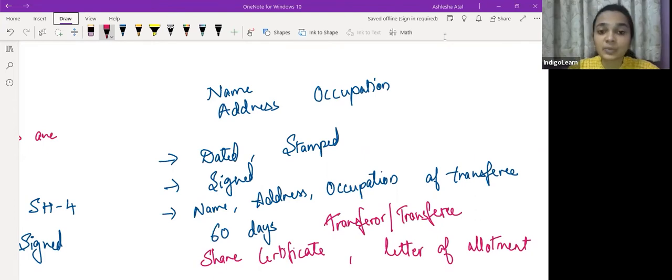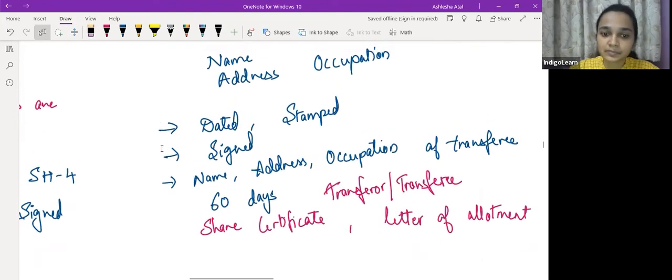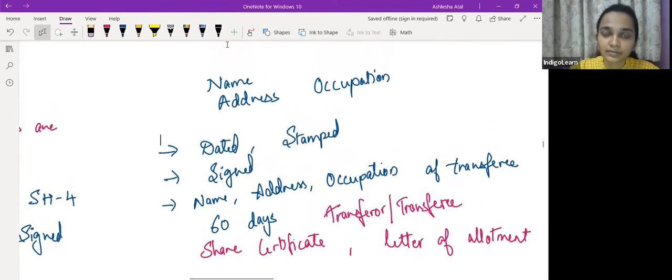The details to be stated in the transfer deed are as follows. मतलब dated होना चाहिए, stamped होना चाहिए, signed होना चाहिए, name, address, occupation of transferee लिखा होना चाहिए उसमें, share certificate attached होना चाहिए उसके साथ, and all of these things shall be clearly stated in the transfer document. इतना समझ में आया? Are you all clear with this? Yes, okay.